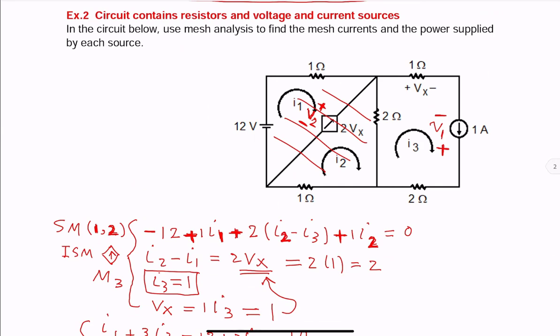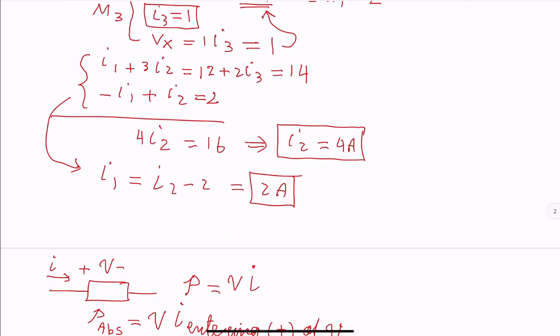V2, we can write it as voltage across these two elements, 1 ohm resistor plus 12 volts.